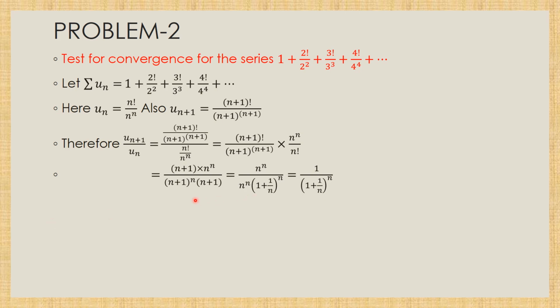Now n plus 1 in the numerator and denominator cancel, remaining n power n divided by n plus 1 power n. From the denominator, n power n is taken out, remaining 1 plus 1 by n whole power n. So n power n cancels, remaining 1 by 1 plus 1 by n whole power n. This is what un plus 1 divided by un is.